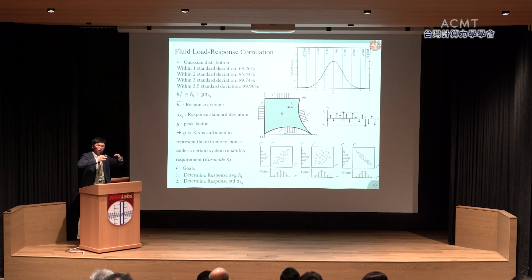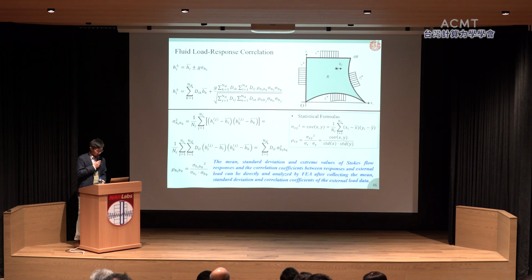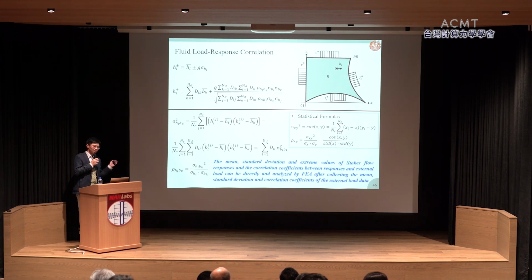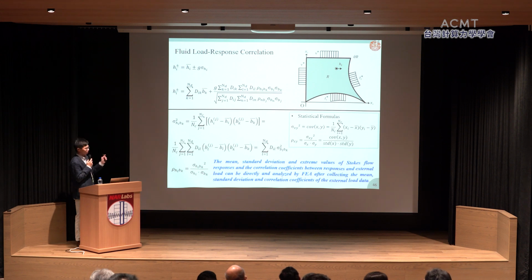We can cover the whole data set. That means we can reach the extreme events. So I will skip the details, because they are all analytical. It's very convenient for computational people to get these numbers, because D is the stiffness matrix.